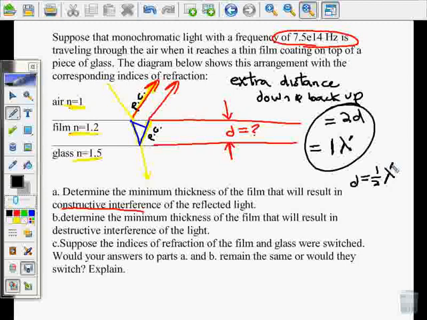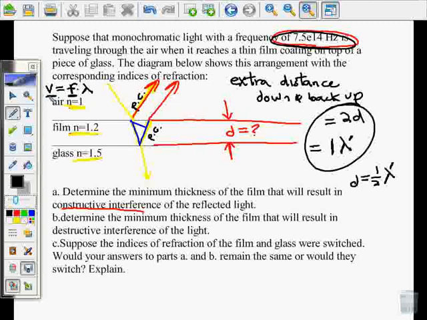Now, we still have to figure out what lambda prime is. It's been a while since we looked at that. We're just about out of time, so see if you can follow me on this. We're not going to crunch it, but I'll just show you the way. You see how they gave you the frequency right here? Well, if you use the wave equation, velocity equals frequency times wavelength, the frequency was given, what would this velocity be up there in air? Roger? 3 times 10 to the 8 meters per second.